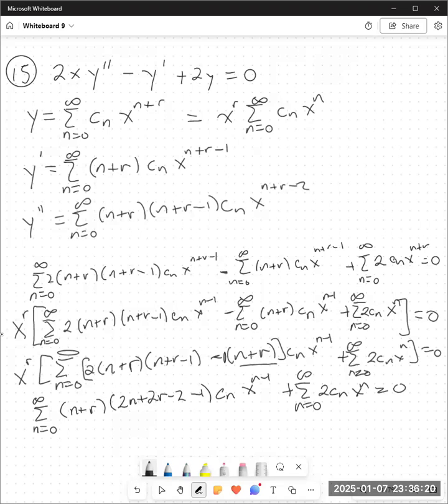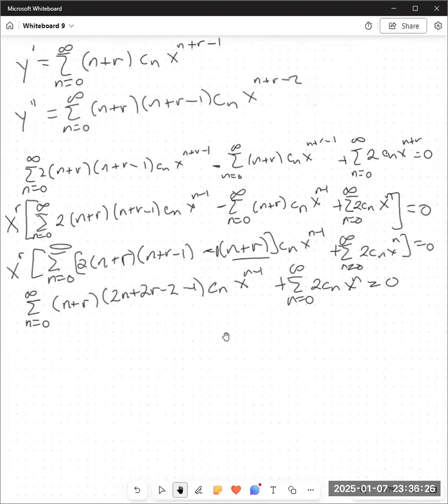So this is starting at 0. This is starting at negative 1. So negative 1 is lower, so I'm going to bring this series up by taking a term out.